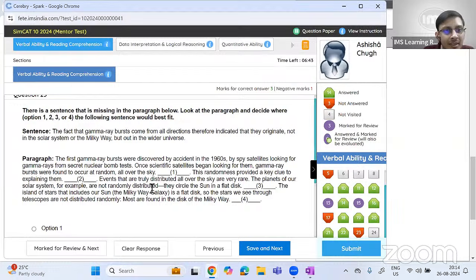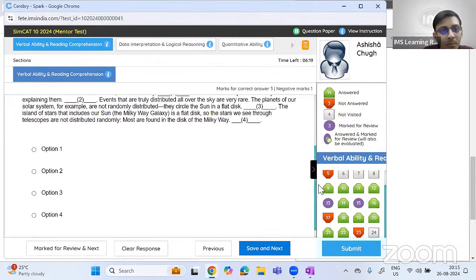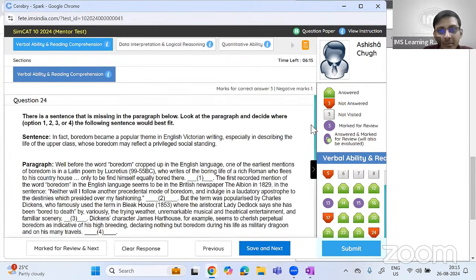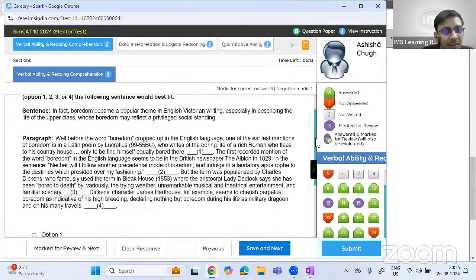In fact, no, two does not seem fine because of this Milky Way. If I put this sentence in two with the Milky Way, then why would I introduce the Milky Way galaxy like this? If I'm introducing the Milky Way galaxy like this, speaking about it for the first time, then the sentence should come after it. Pretty basic logic, but otherwise it will not make sense to talk about the Milky Way and then introduce it after that. Okay, seems fine. Last verbal one.